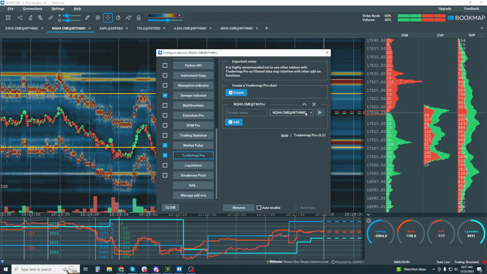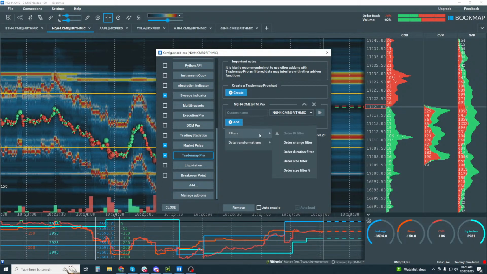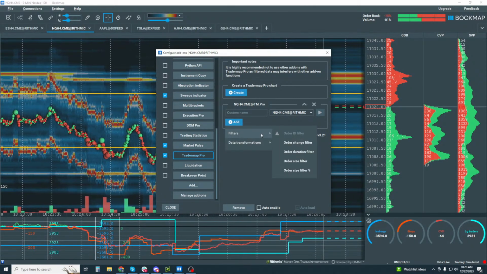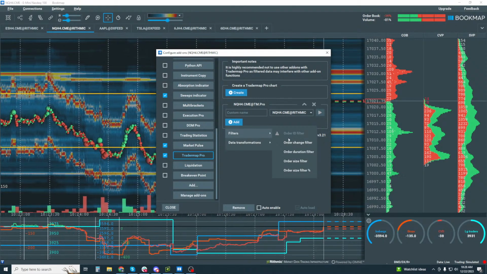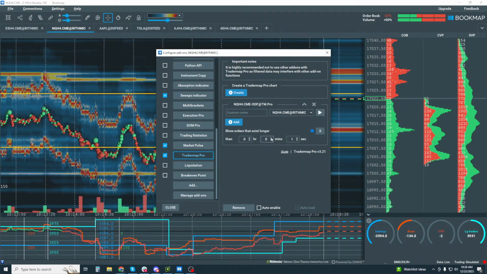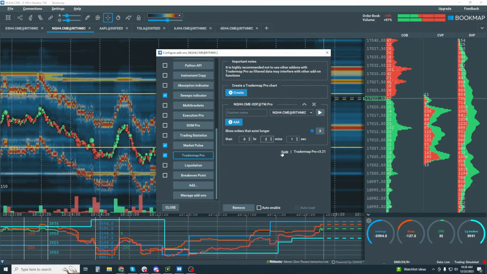All right, so here we have the NQ. We can give it a name. Let's add in a filter. Okay, we're going to add in the duration filter here. Okay, and we're going to put in those 2 minutes in here. Right? That worked pretty well for us.